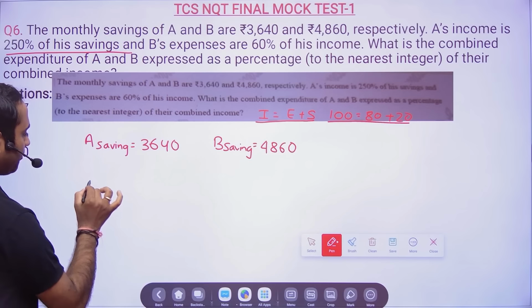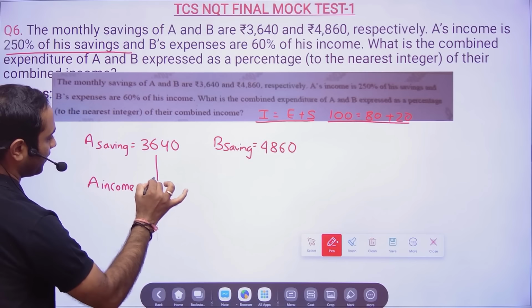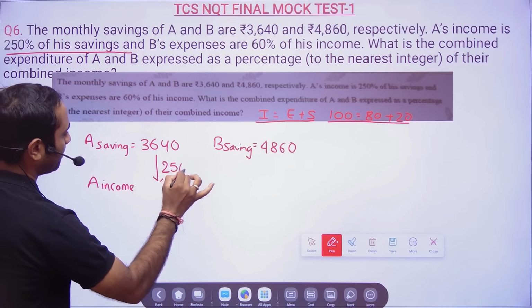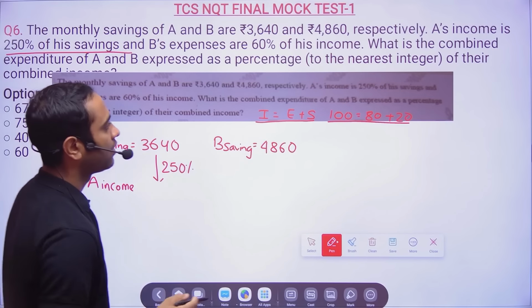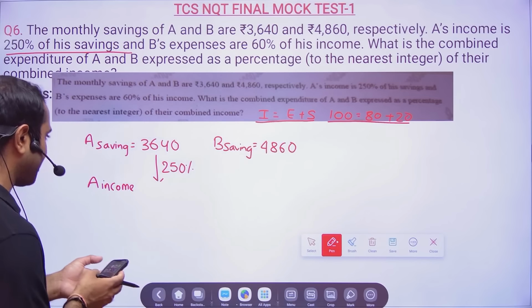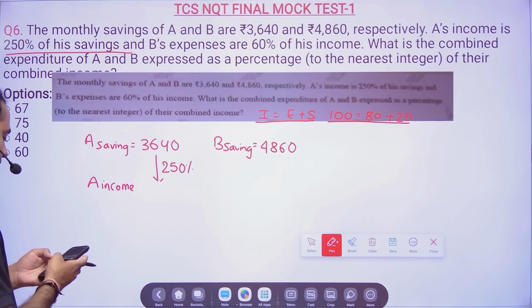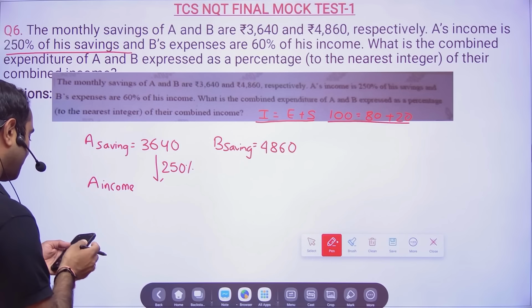Now, A income is 250% of his saving. So 250% we can calculate. I can calculate it here, but I don't want to waste time now, because you can also do this. If I start wasting time on these things, then it will be a problem.